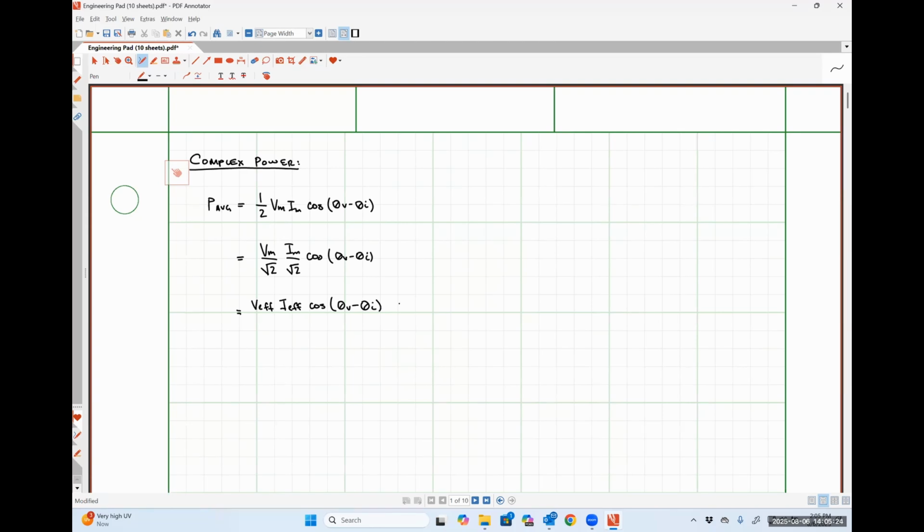This is the real part of the following mathematical operation. I'm going to have what I'm going to call an RMS phasor voltage. It's different than our regular phasor voltage, which is why I've put a squiggle over the top of it as opposed to the bar, times the complex conjugate of our RMS phasor current.